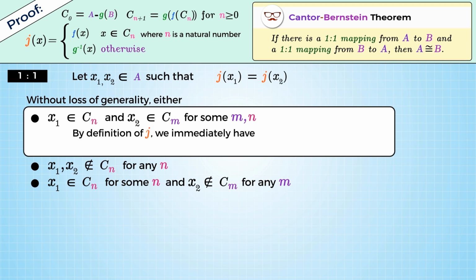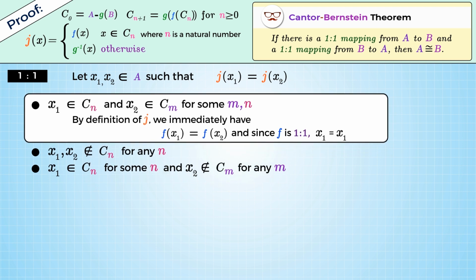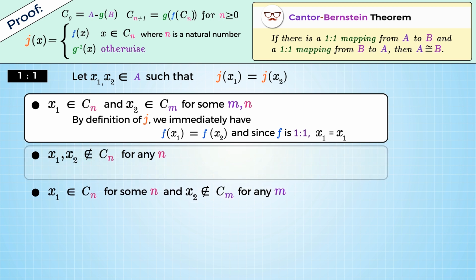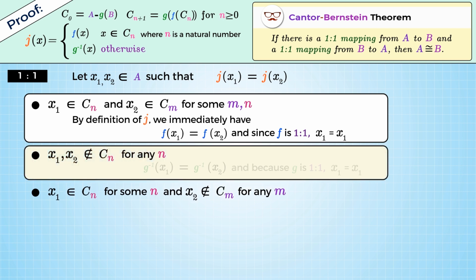In our first case, by definition of J, we immediately have f(x1) equals f(x2), and since f is 1-to-1, x1 equals x2. Likewise, in the second case, g(x1) equals g(x2), and because g is 1-to-1, x1 equals x2.